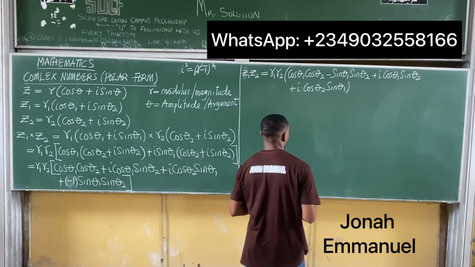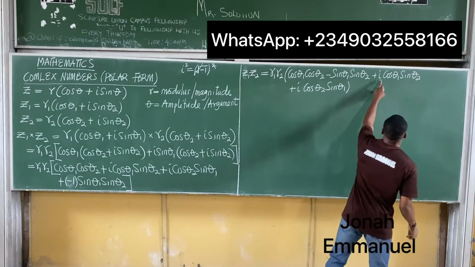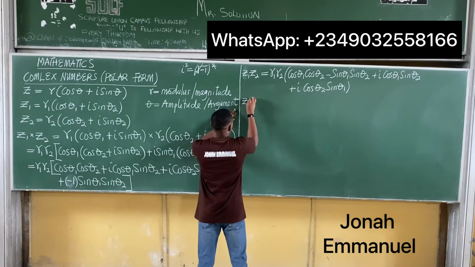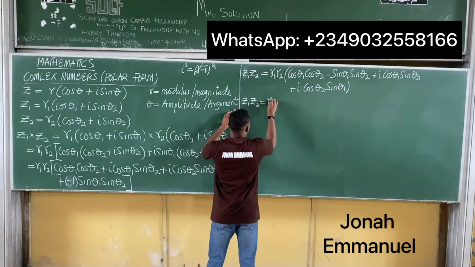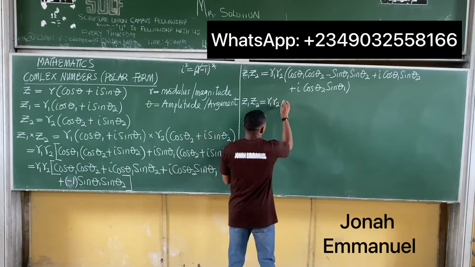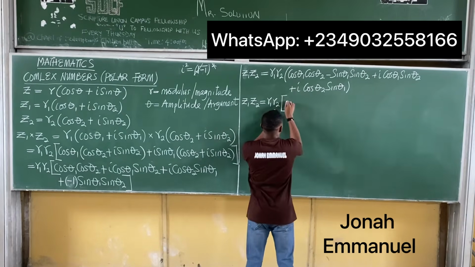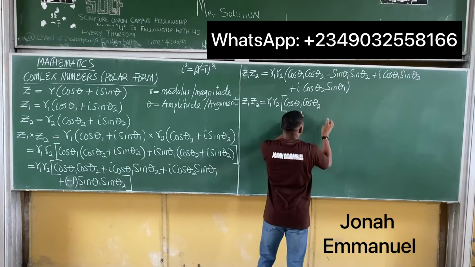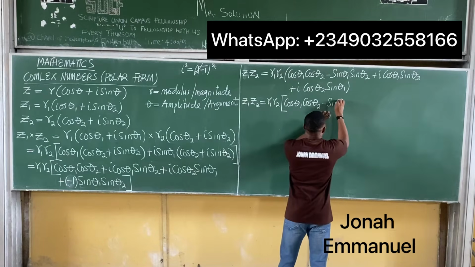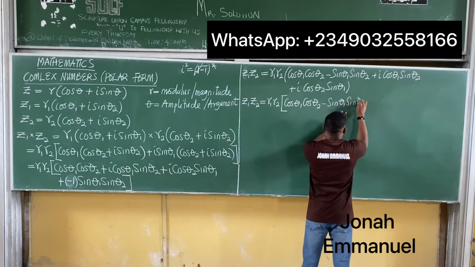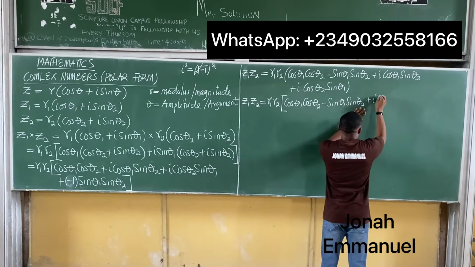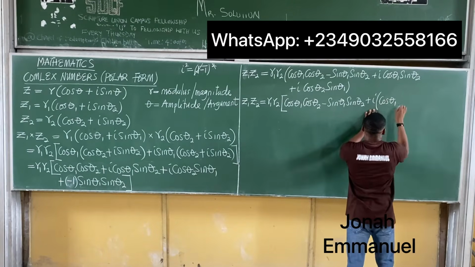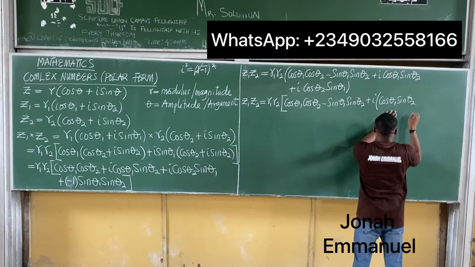All right, so if you have this case here, we can choose to factorize the i's. Okay, let's factorize the i's. We'll have that Z1 Z2 is equal to R1 R2 into, I'm having this one here as cos theta 1 cos theta 2 minus sine theta 1 sine theta 2 plus I into, factorize the i's, I'm having this as cos theta 1 sine theta 2.